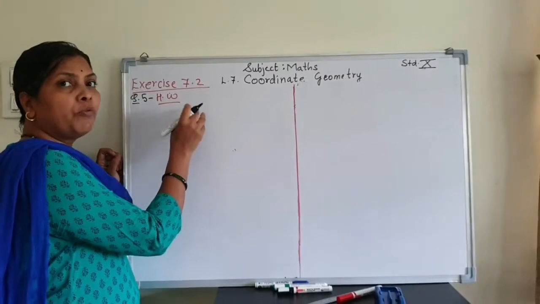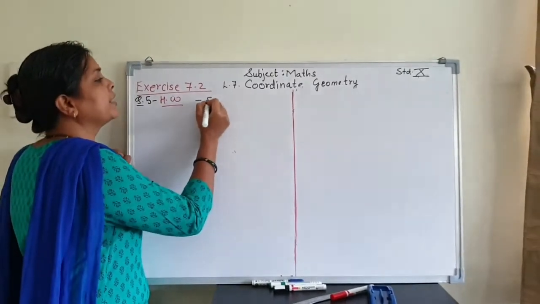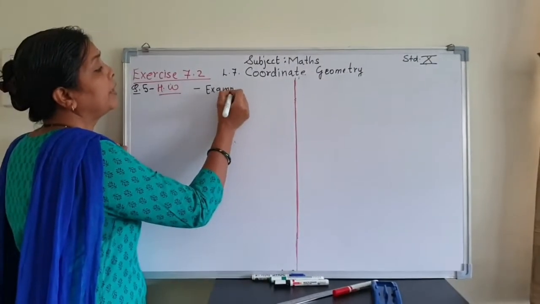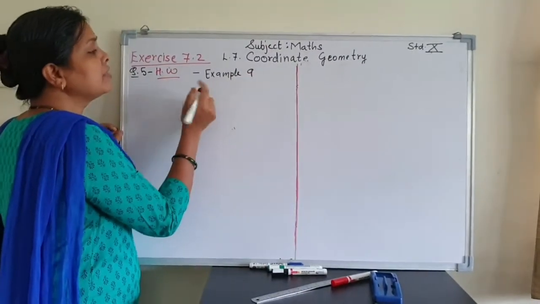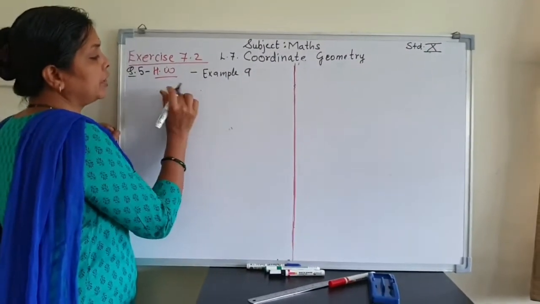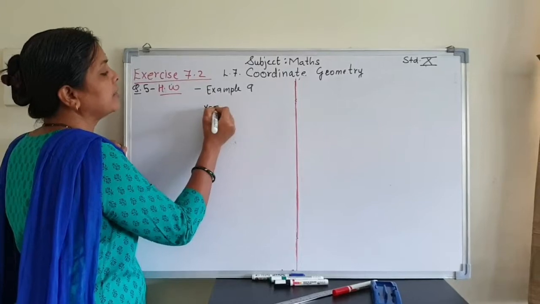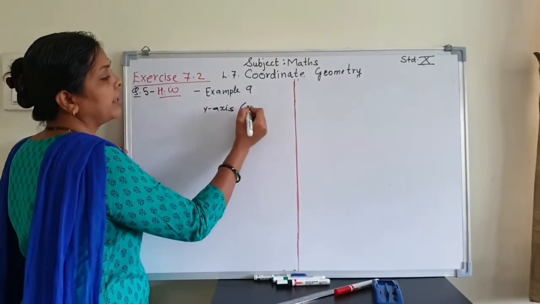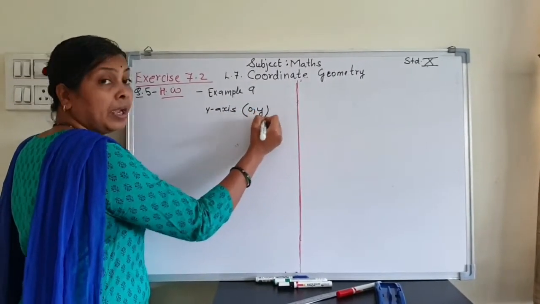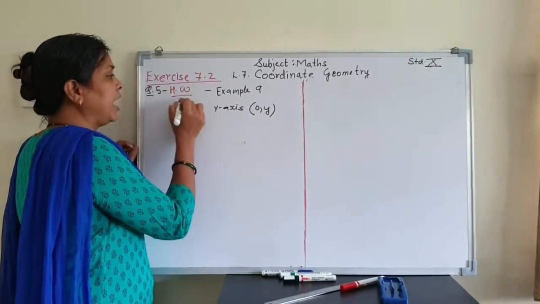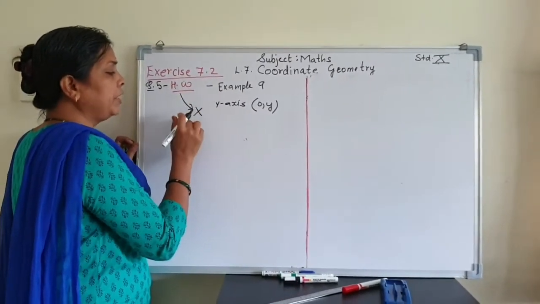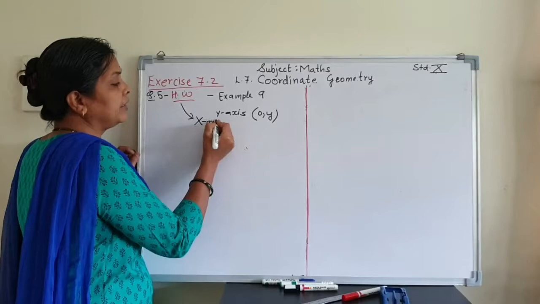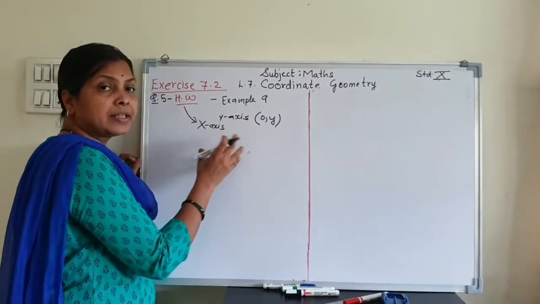Question number 5 is homework. It is exactly similar to the example given in the textbook, example 9. But the only difference is that the point which intersects the line was on the y-axis, so the coordinates taken were 0, y. And here in this sum they have given that the point intersecting at the x-axis divides the given line segment.